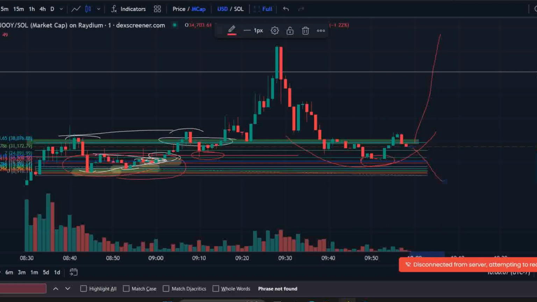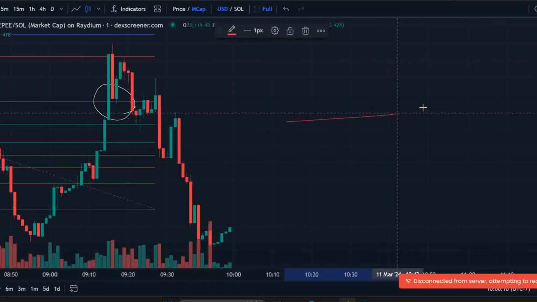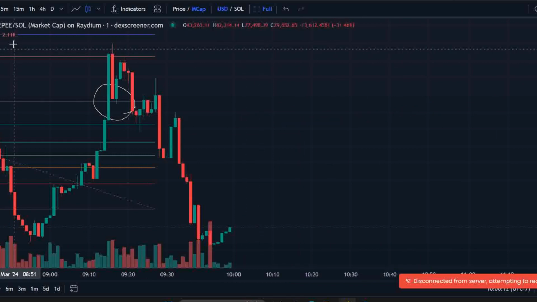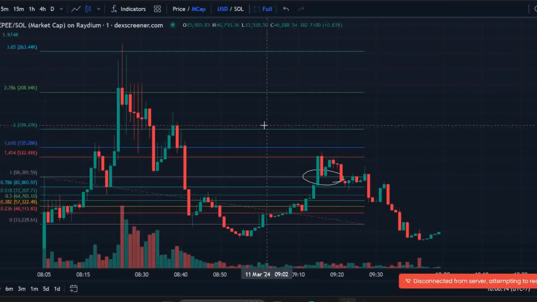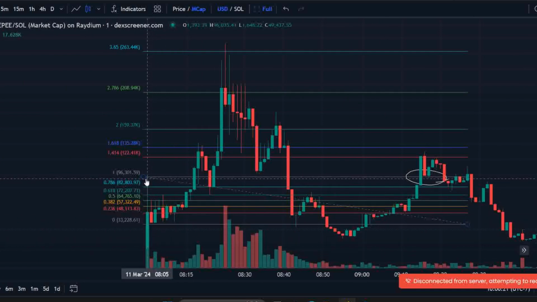As you can see here on Pepe, it was going really good. I was tracking the development. So the first run, look, on the first 1 minute candle, ran up to almost 100,000 market cap, and it came back, and again it did its thing.